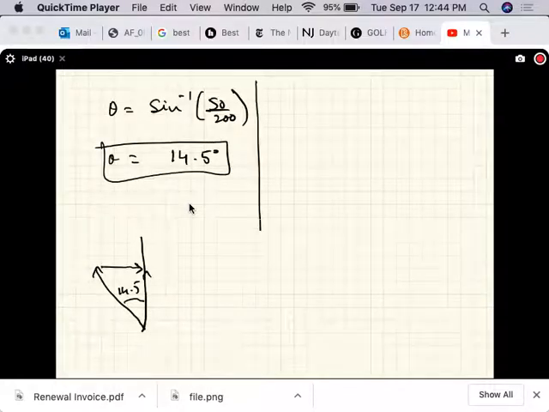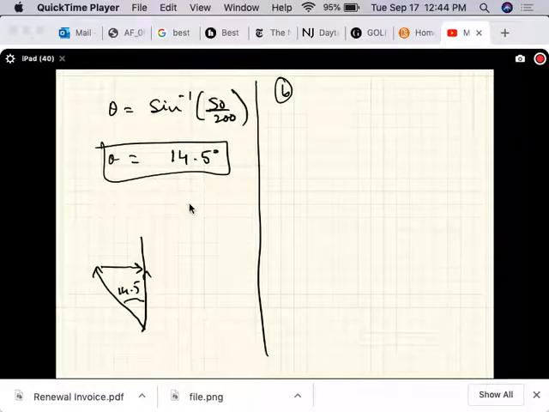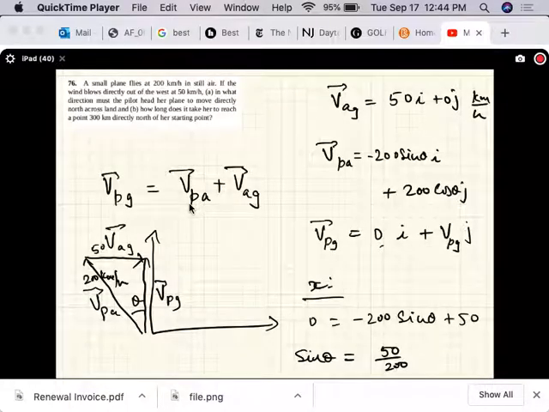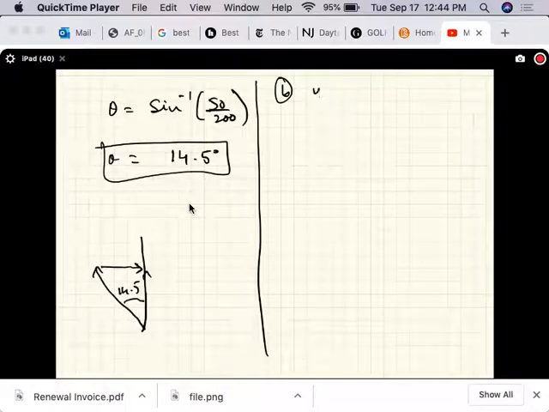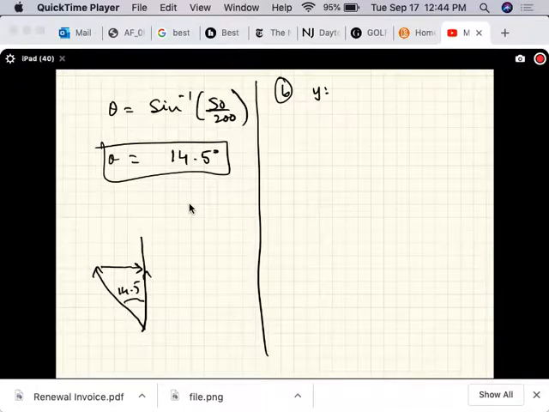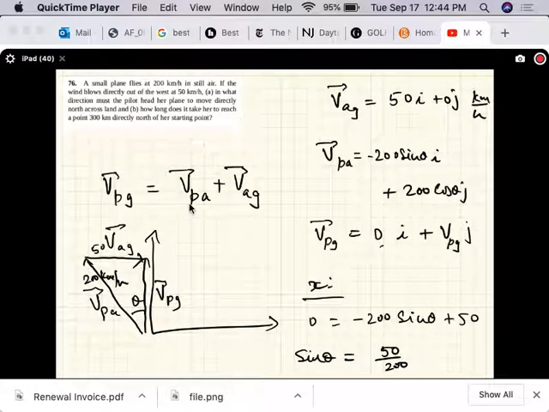For part B, in keeping with this, let's do the y component of the velocity. So let's look at the y component of these equations.